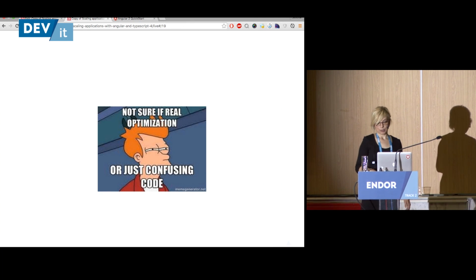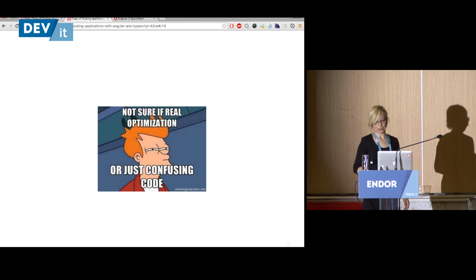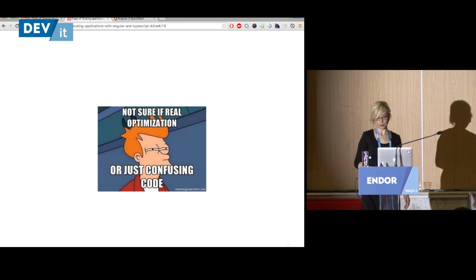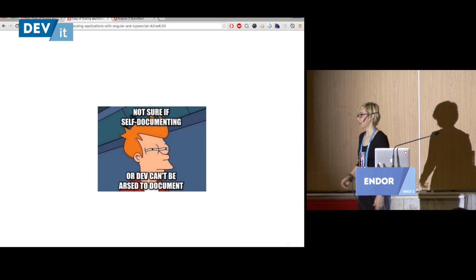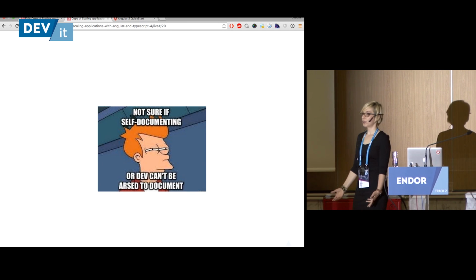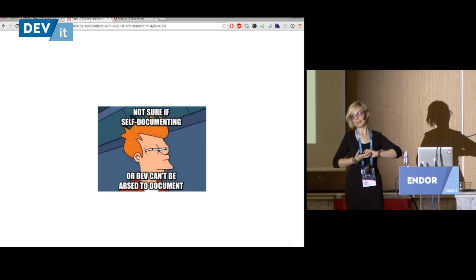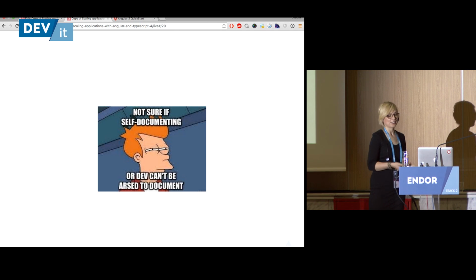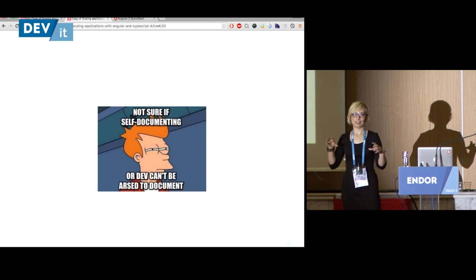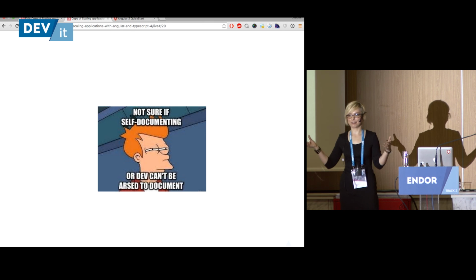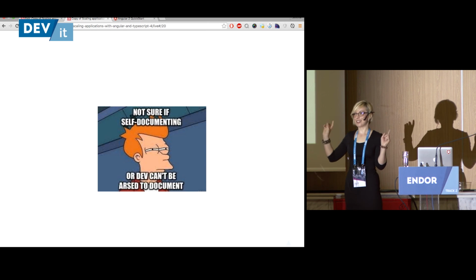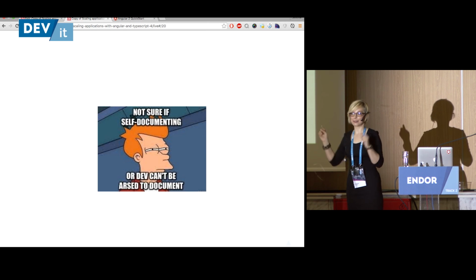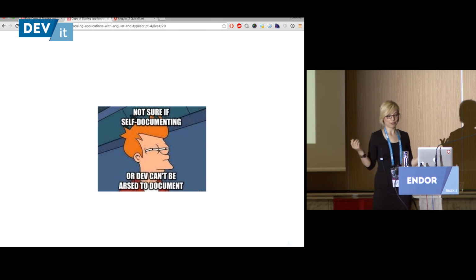Another thing is that we have the JavaScript VM doing lots of optimizations for us. And another great thing about having types is that our code is self-documented, right? Instead of just having the definition of a function with parameter 1 and parameter 2, you don't have any information about that.